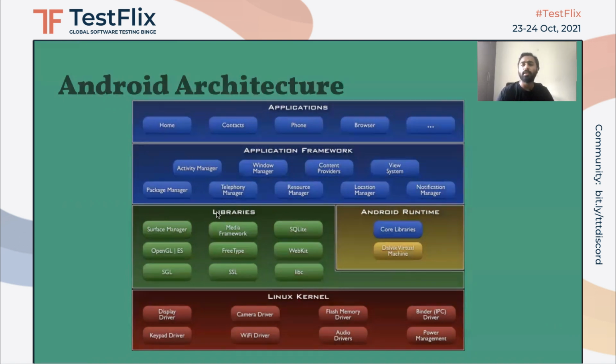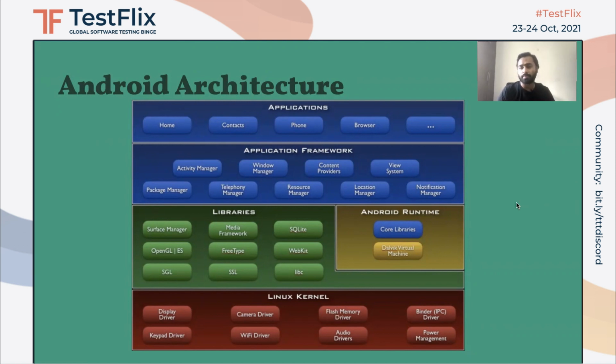Then you'll see the libraries and the Android runtime. The Android runtime is a combination of core library and Dalvik virtual machine that helps build and run an application. And then we have the Linux kernel, the system level kernel that is required for proper functioning of the operating system.